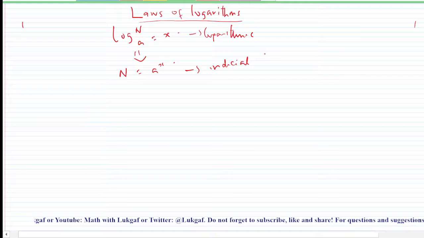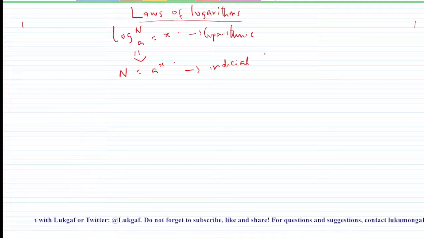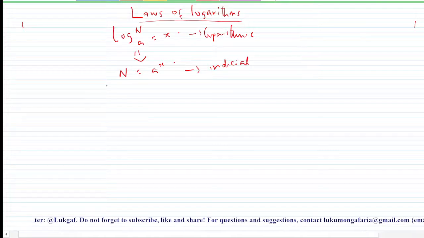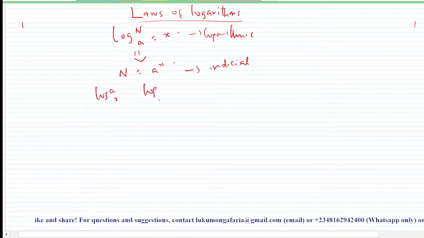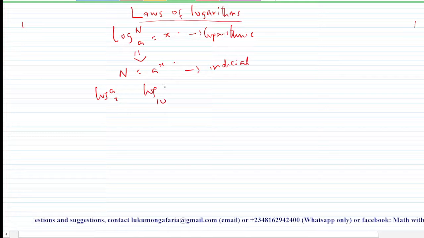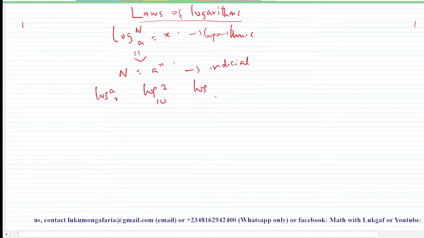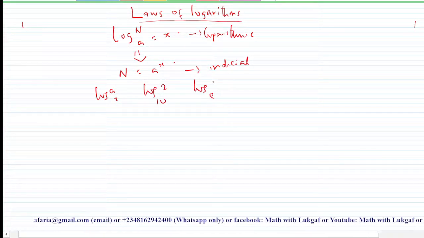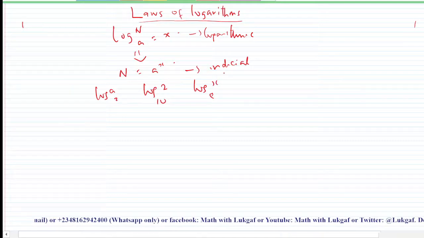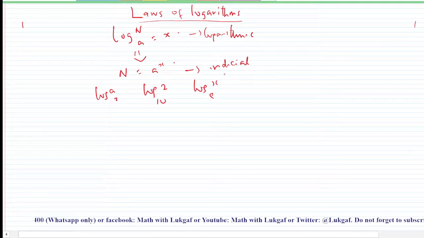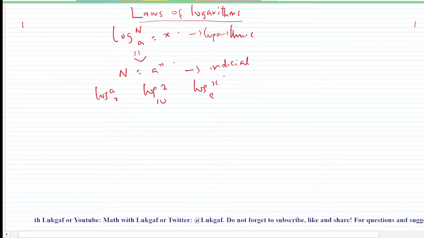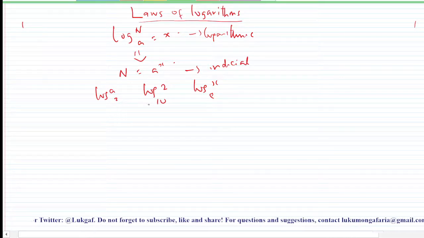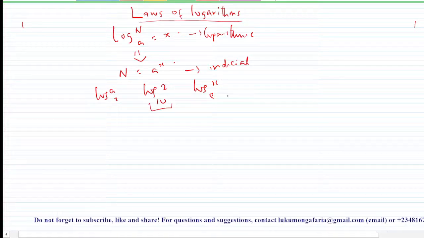Also, don't forget that I said you can have your logarithm in different bases. For example, you can have log base 2, log base 10, and you can have log in base e as well. But what you must notice is that the common forms you will be coming across most often are logarithm in base 10 and base e.